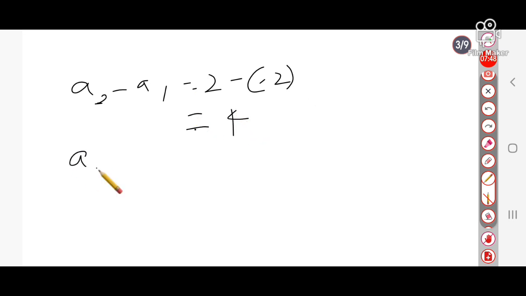So again the same procedure: a2 minus a1 will be equal to 2 minus minus 2, because the second term given is 2 and the first term given is minus 2. So this gives 4. Then a3 minus a2 will be minus 2 minus 2, equal to minus 4.